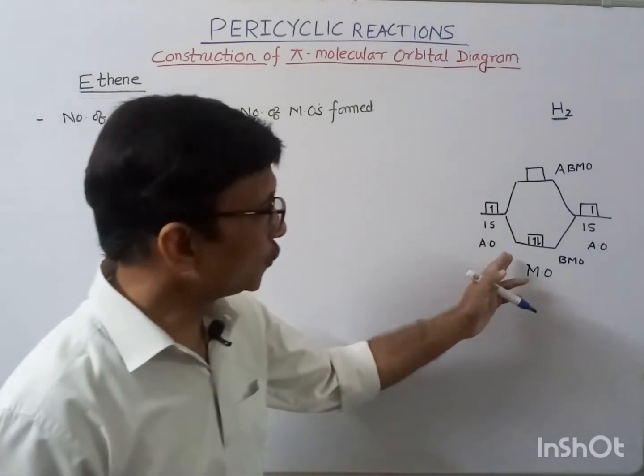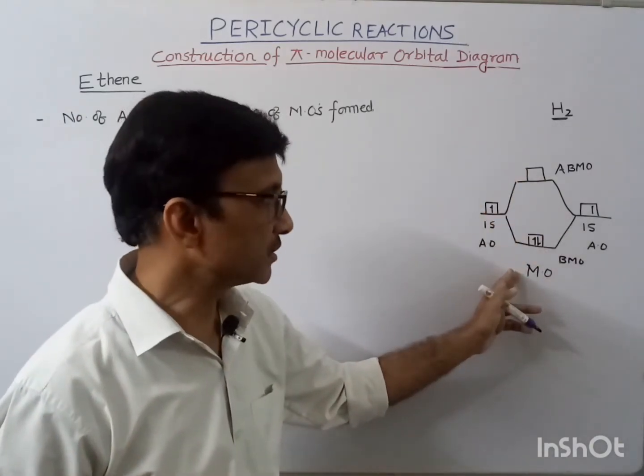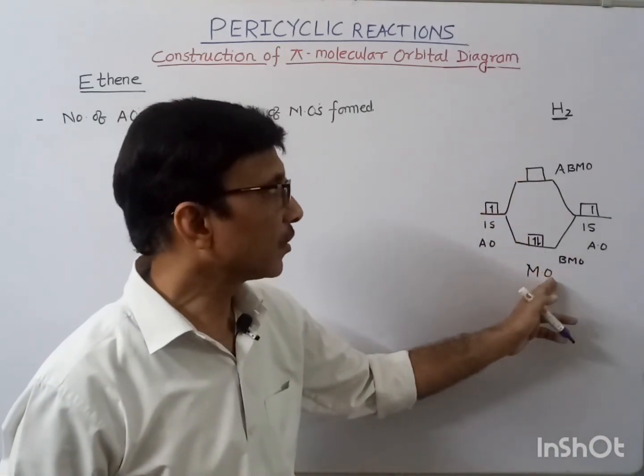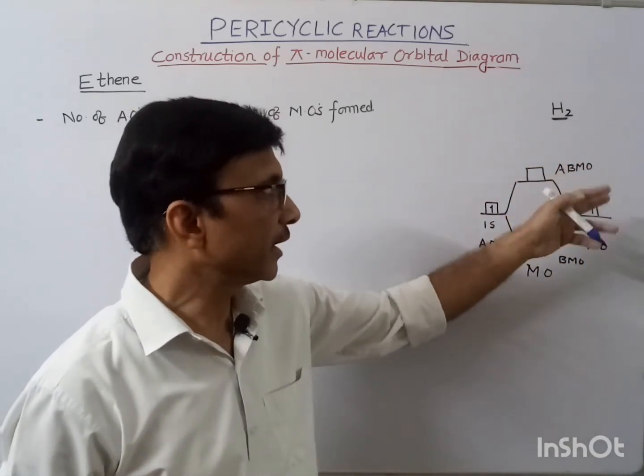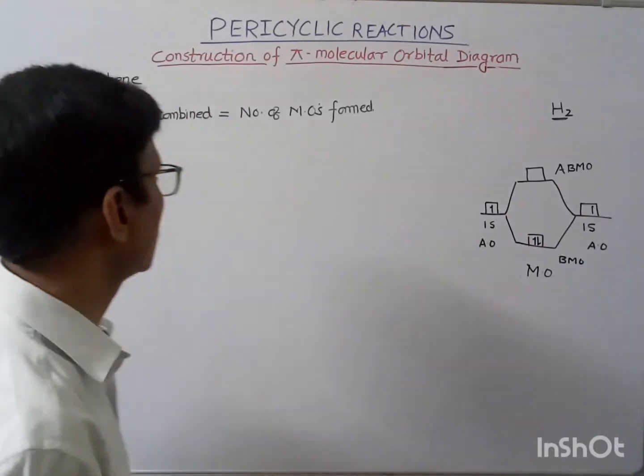Now the second rule says that out of the two molecular orbitals, as you can see, one is the bonding and another is the anti-bonding, or you can say half is bonding and half is anti-bonding.